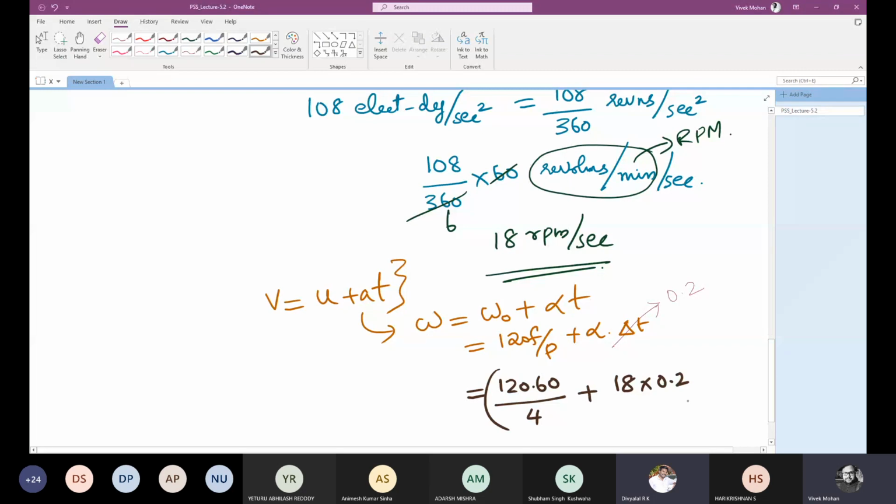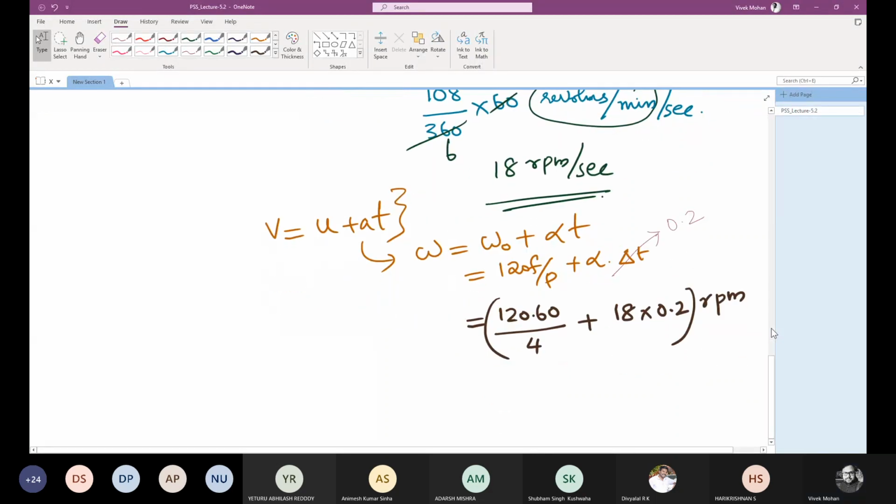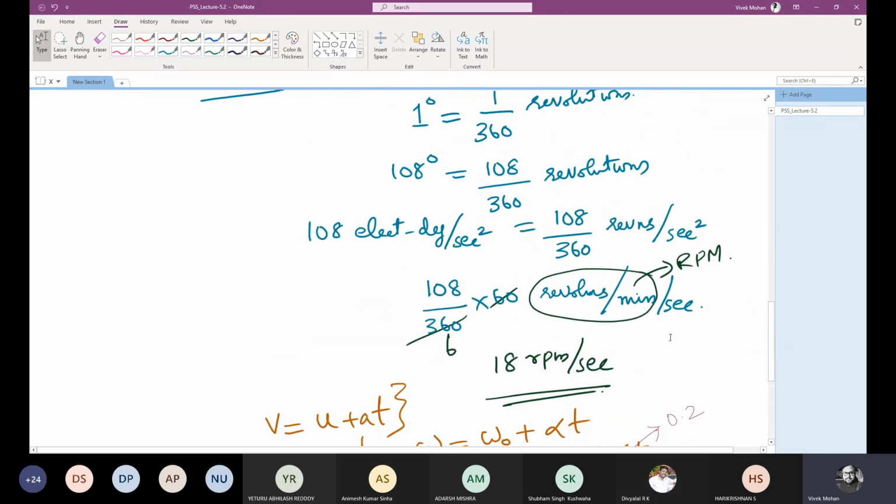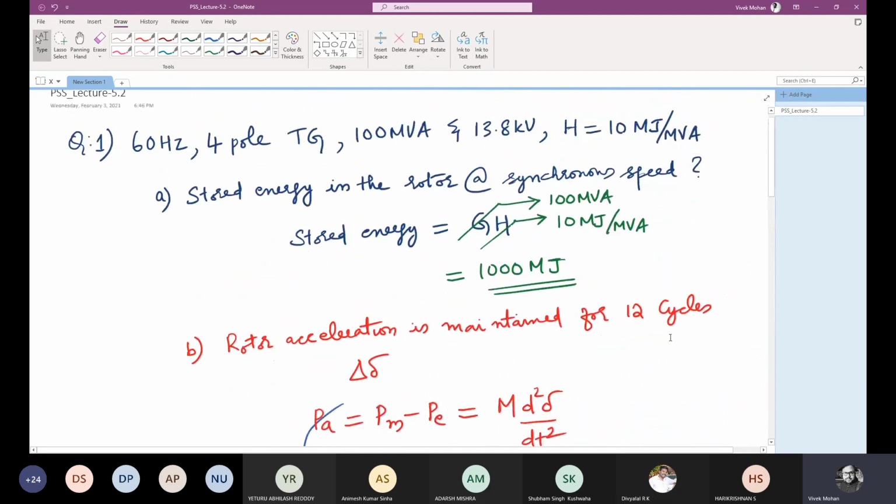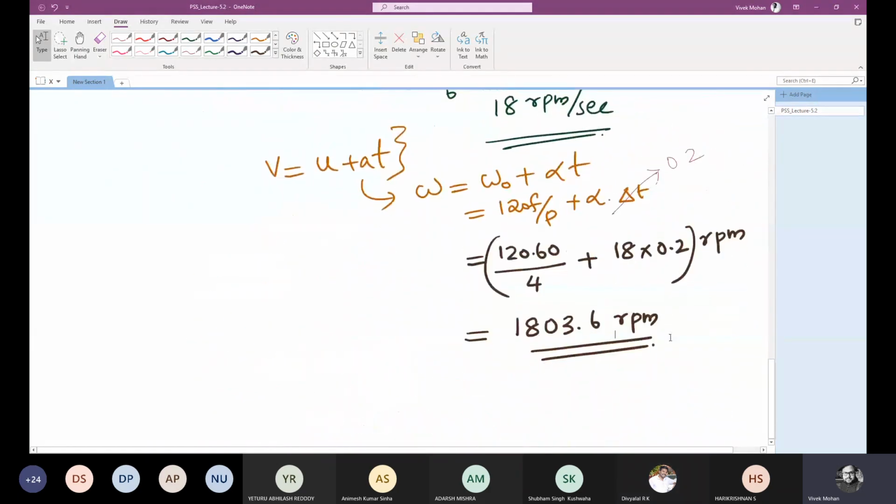The whole thing is your omega, now in RPM. So the answer is 1803.6 RPM. This is what we get for question 1.